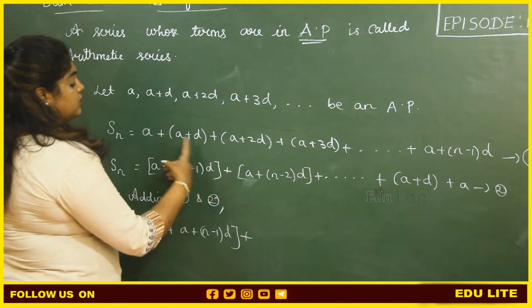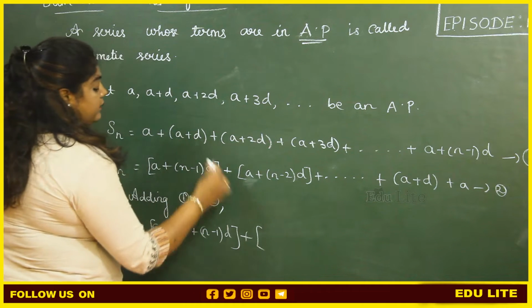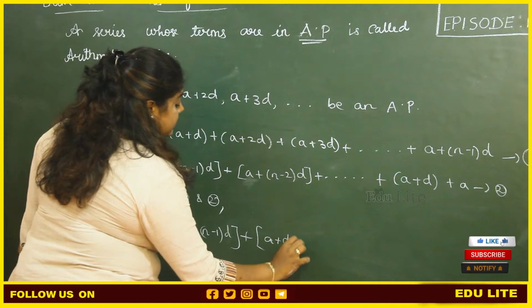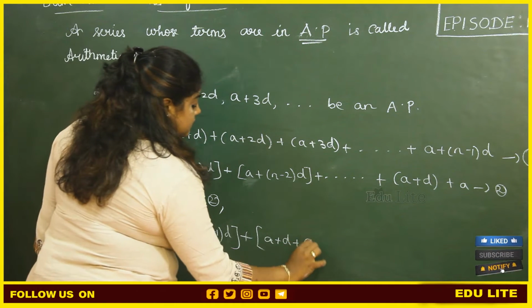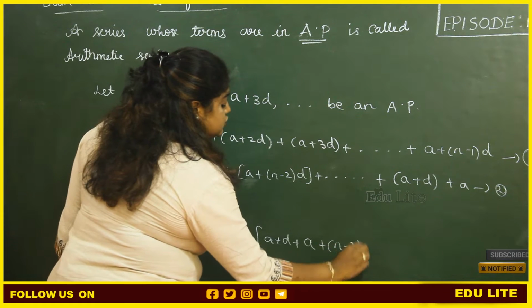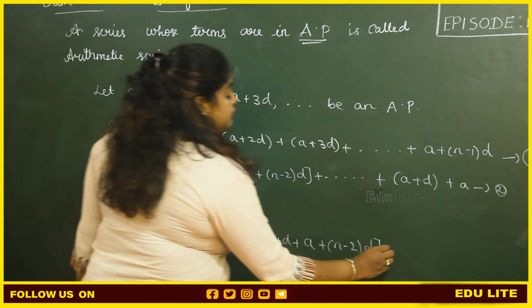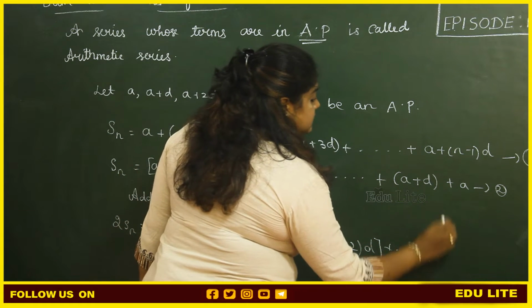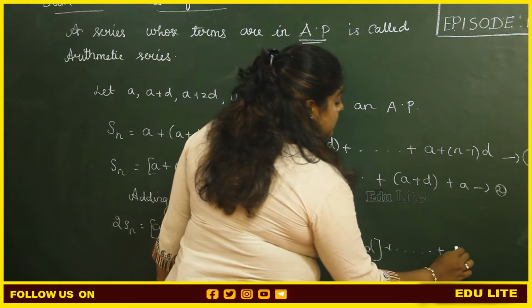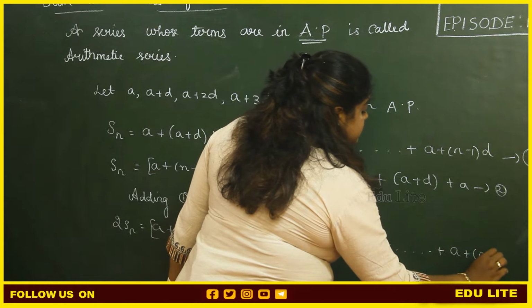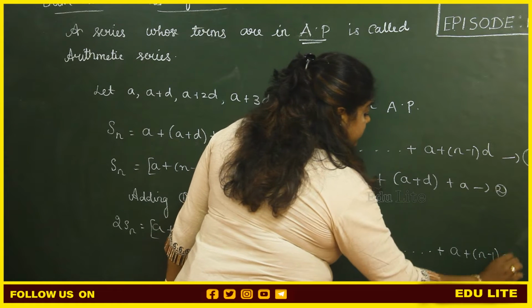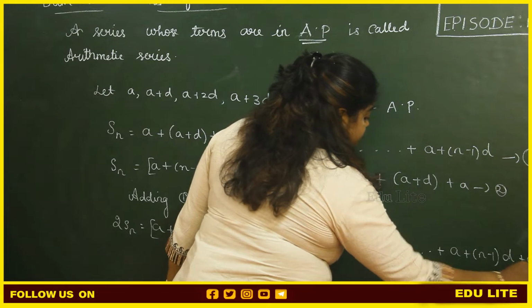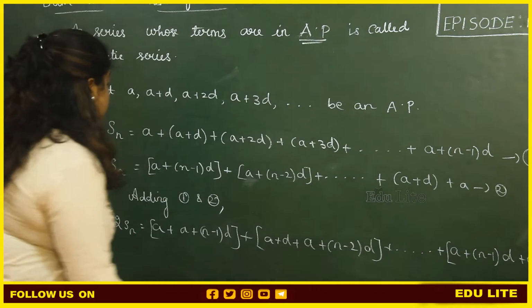The second term in equation 1 is A plus D, plus A plus (n minus 2) into D. If we proceed in the same way, the last term of the series will be A plus (n minus 1) into D plus A. So, let us simplify this now.